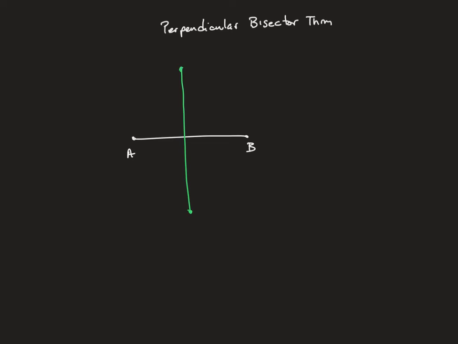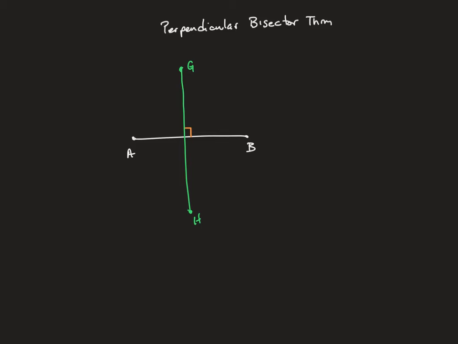Now, we want to talk about the perpendicular bisector theorem. It states that if we have a perpendicular bisector, say segment AB being bisected by segment GH, and it is perpendicular, then that's 90 degrees, and it is bisecting at the midpoint.